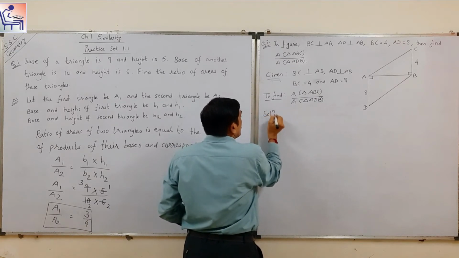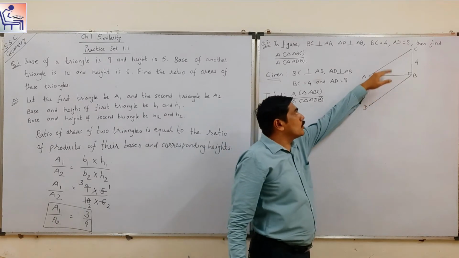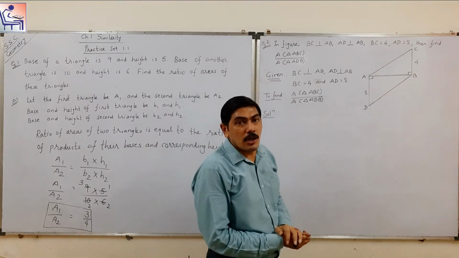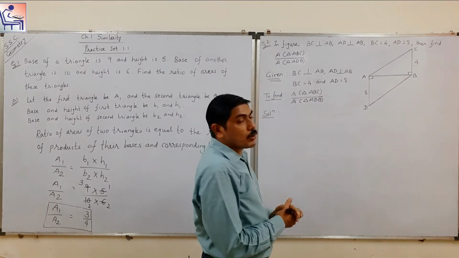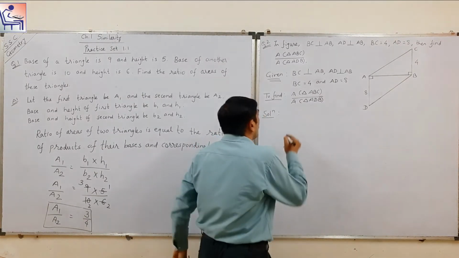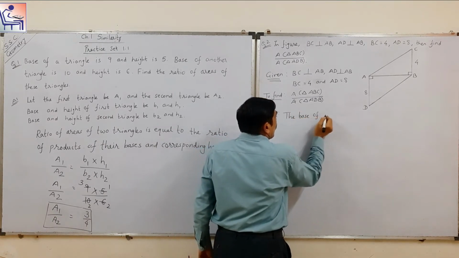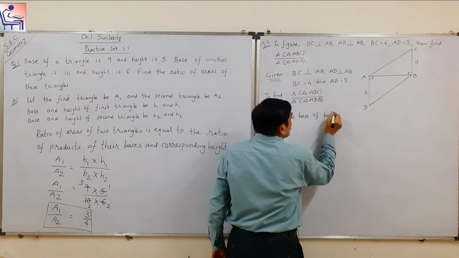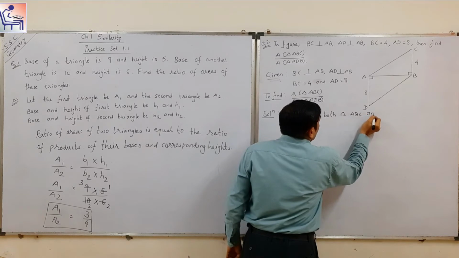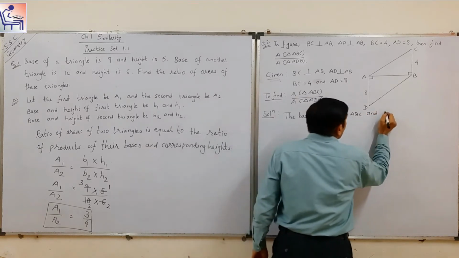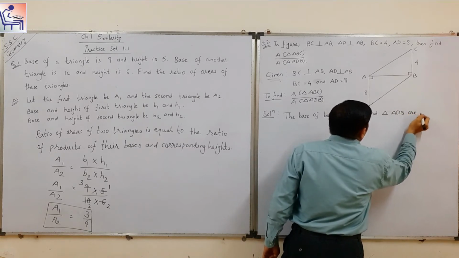Now we will go for the solution. Here we can understand that the base of both these triangles is common. So the bases of both triangle ABC and triangle ADB are equal.